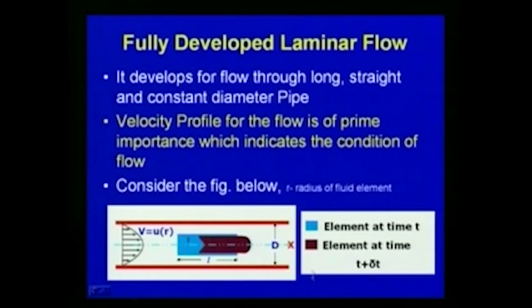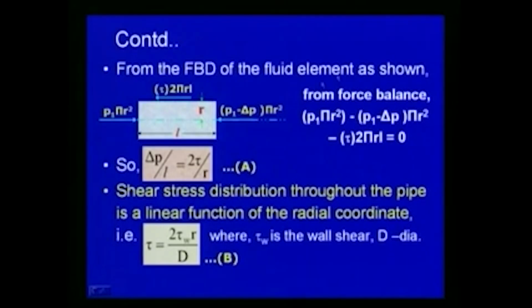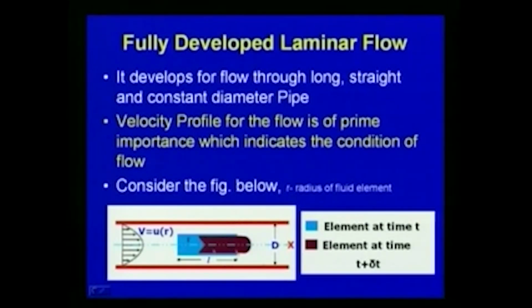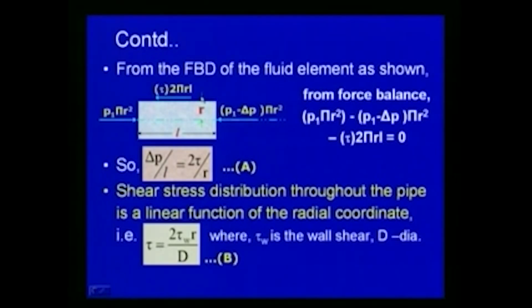Since we now consider the flow as fully developed laminar flow, from the free body diagram of the fluid element you can see that the flow is taking place from this direction to this direction. On this face of the fluid element, if the pressure is P1, the total force is P1 times pi r squared, and on this side the total force is P1 minus delta P times pi r squared, where r is the radius of the fluid element. And then, as far as shear force is concerned.